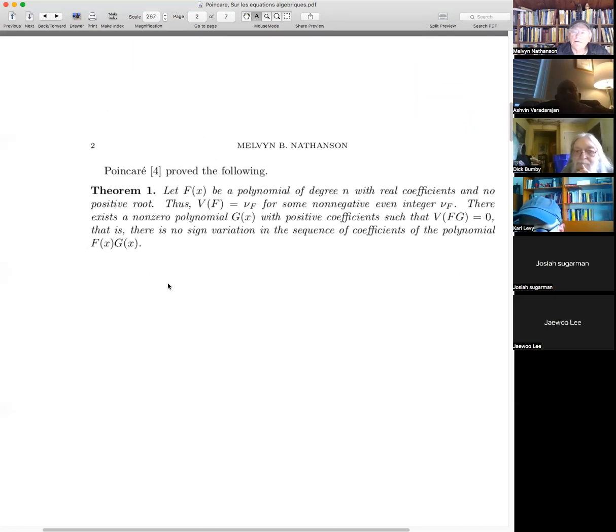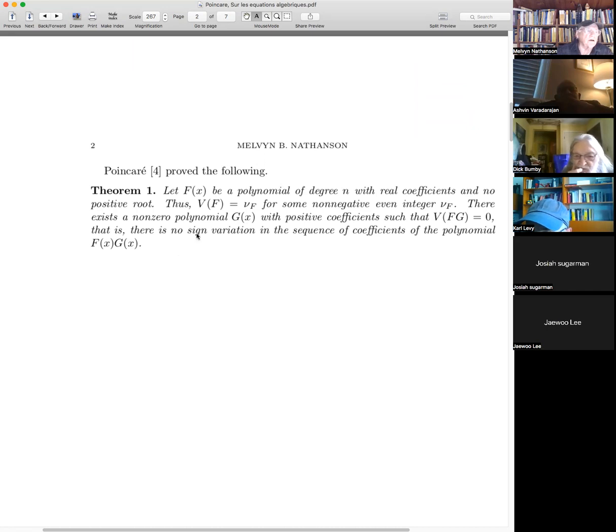Now, Poincare somehow was perturbed by the fact that Descartes' theorem doesn't tell you that if your polynomial has p roots, the number of variations is p. It tells you that the number of variations in the coefficients is p plus some non-negative even integer.